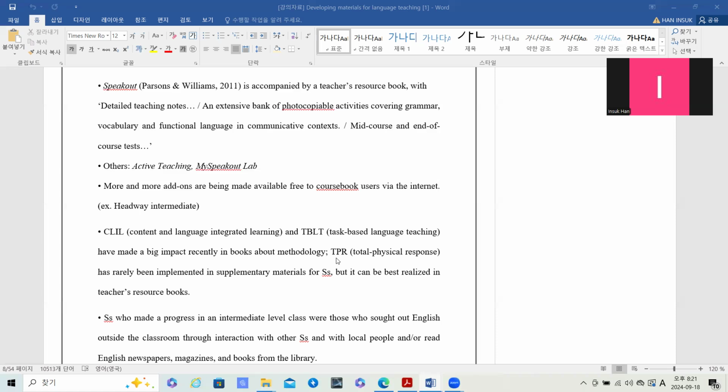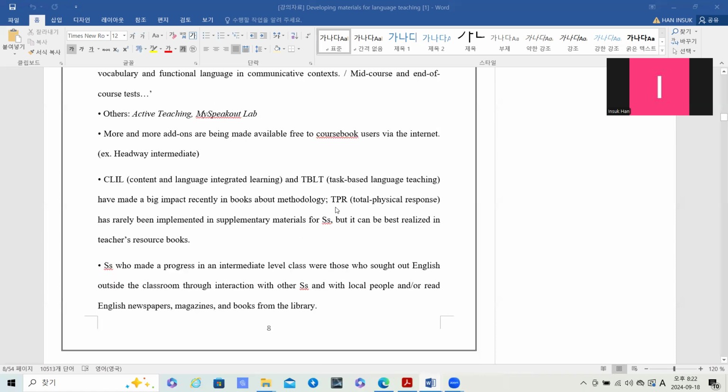So TPR could be very easily applied in a private institute, but I also think teachers can easily apply it for teaching very young students below the elementary level or the early level of elementary school students.